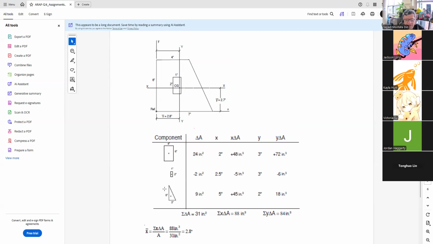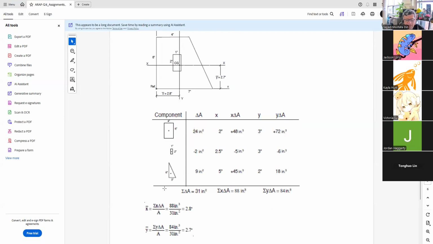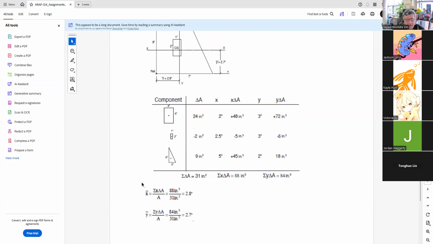So what I'd like you to do now is to go ahead and calculate, add all of these. So what you want to do is add all the delta a's, add all the x times delta a, add all the y times delta a, and plug these into these formulas, right? You know what the total area is. How do you know that?